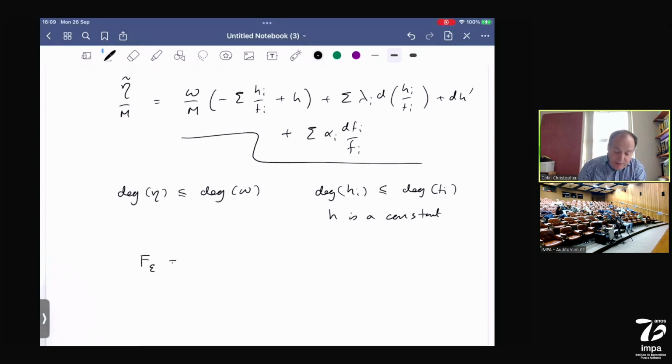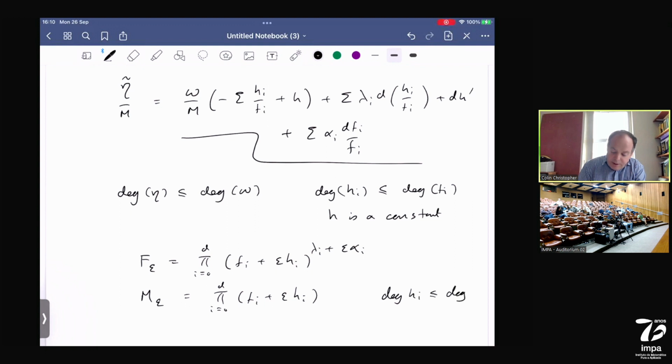perturbation. F epsilon is now just the product from i equals 0 to d of fi plus epsilon hi to the power lambda i plus epsilon alpha i, and m epsilon is just the product from i equals 0 to d of fi plus epsilon hi, where the degree of hi is less than or equal to the degree of the fi's.